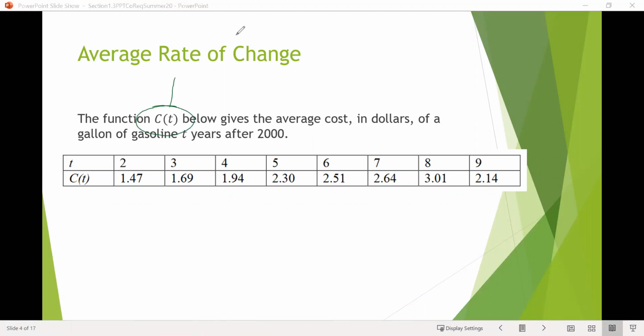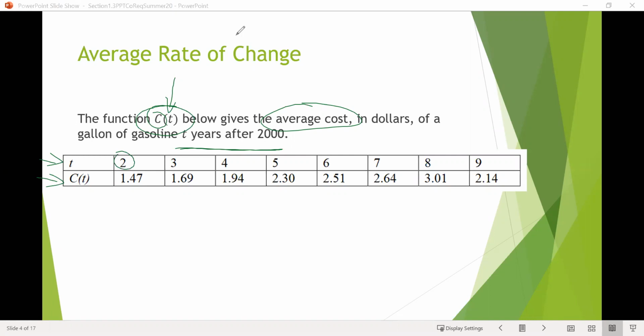The t values, which are the years after 2000, are our inputs, and the cost, the c values, are the outputs. That's what we see here across the top, the inputs, which are the t values, and then the outputs across the bottom, which are the average cost of a gallon of gas.